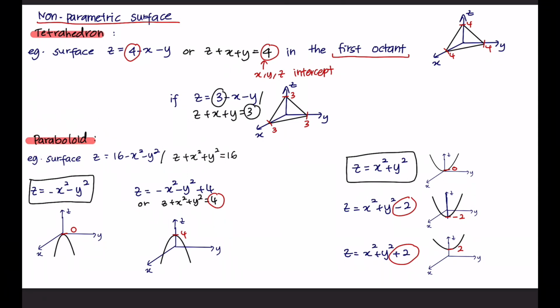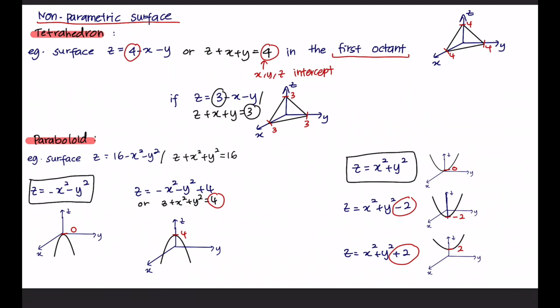So remember, for sphere, we have z square plus x square plus y square equal to some constant. But for paraboloid, we have z with x square and y square. We have two types of paraboloid. The first one is when the paraboloid is facing downward, and the second is when the paraboloid is facing up.